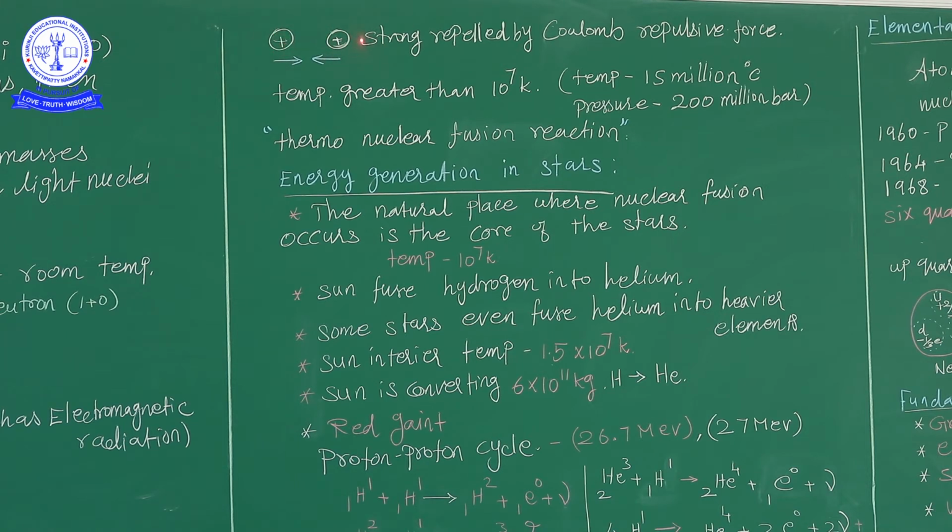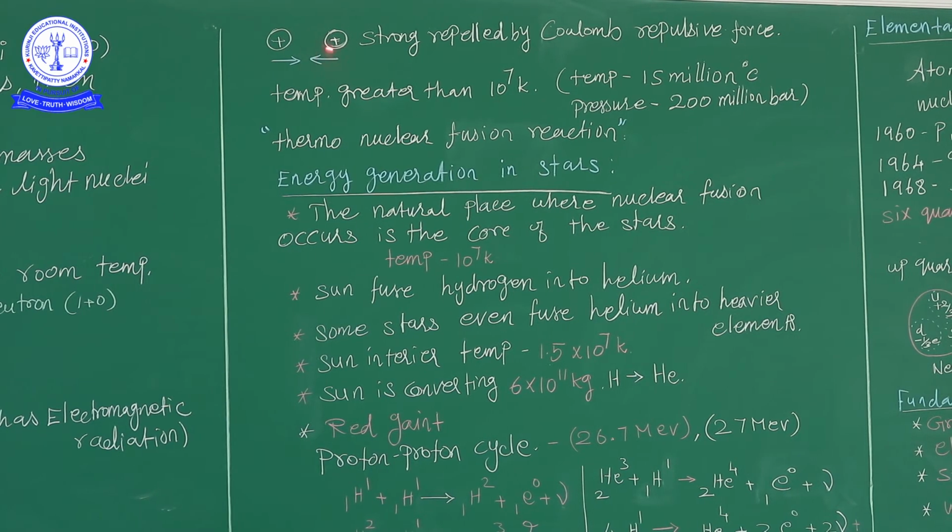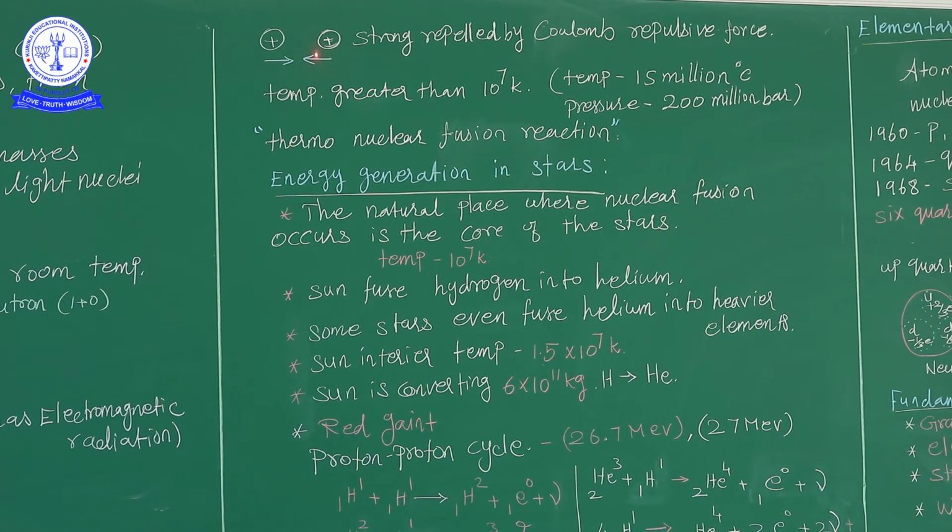Same charges repel. So how do we combine these lighter nuclei? Is it possible? No, the repulsive force is there. The lighter nuclei do not combine because the charges are the same. So how do we form a heavier nucleus?